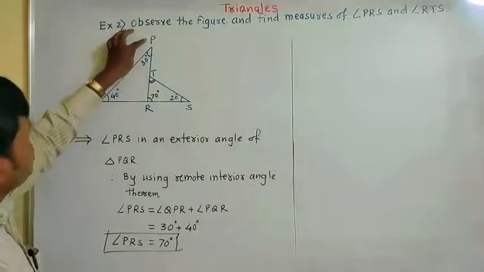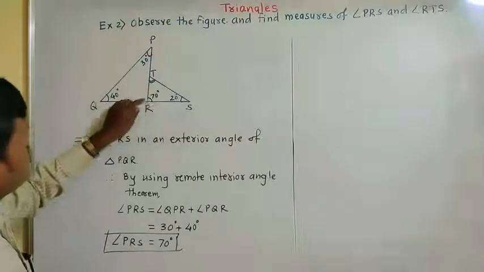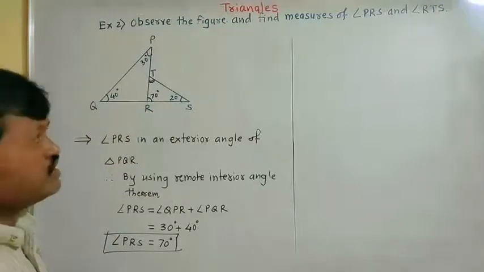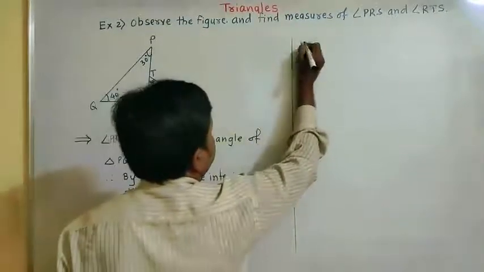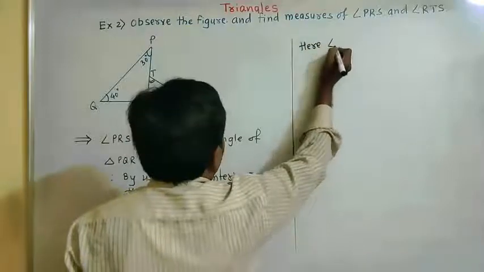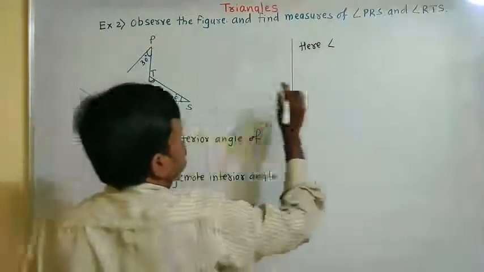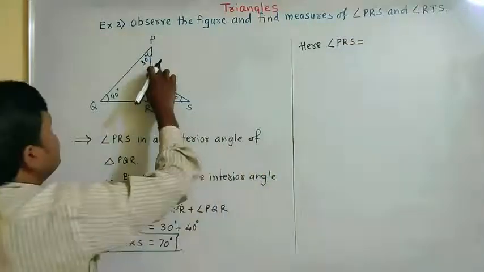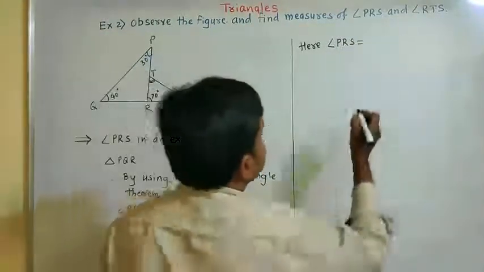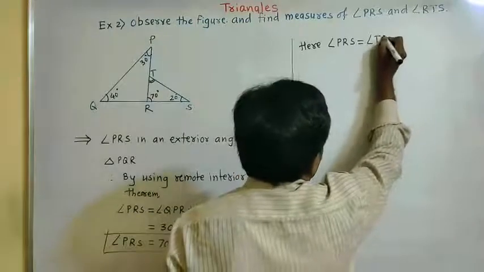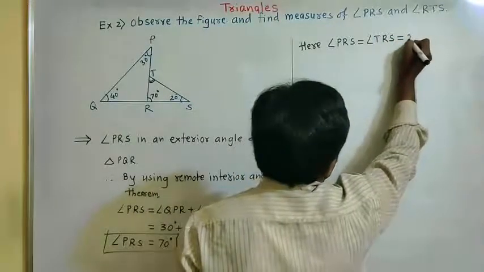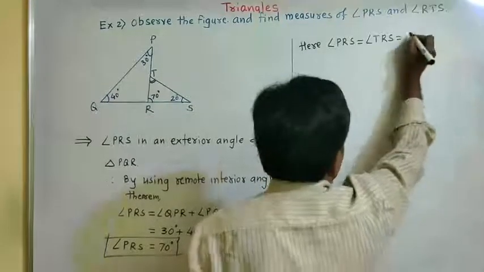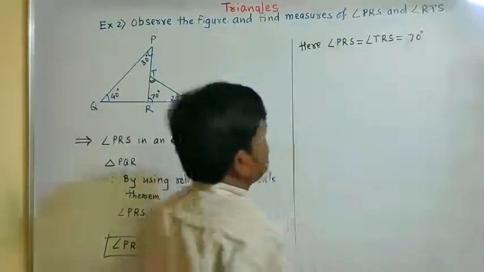Angle PRS is 70 degrees, that means angle TRS is equal to 70 degrees. Here angle PRS is equal to angle TRS, both are equal. TRS is equal to how much? 70 degrees.